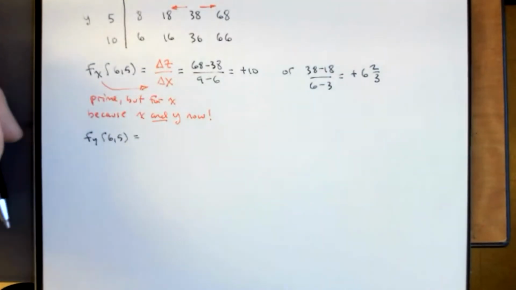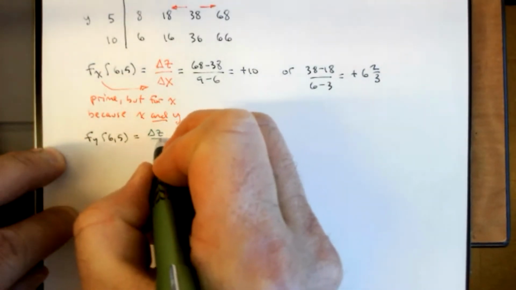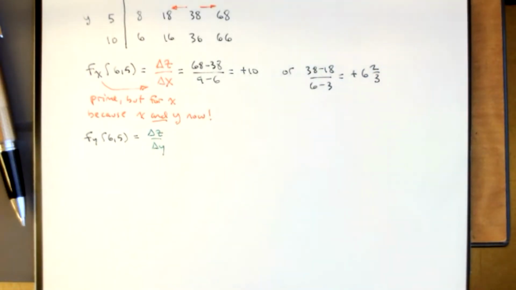And for this, we're going to calculate the change in z divided by the change in y. So once again, f sub y is like f prime, but we have to specify whether it's the x or the y direction that we care about.